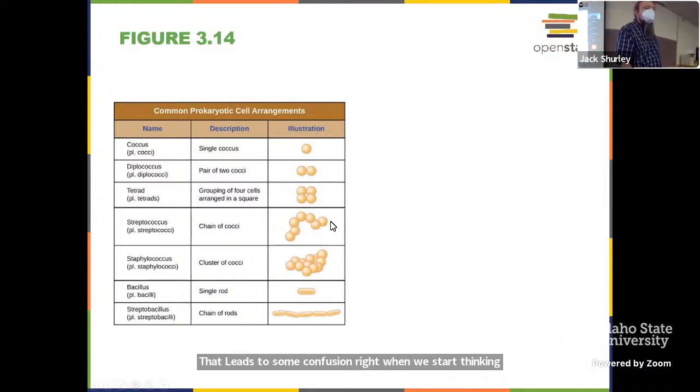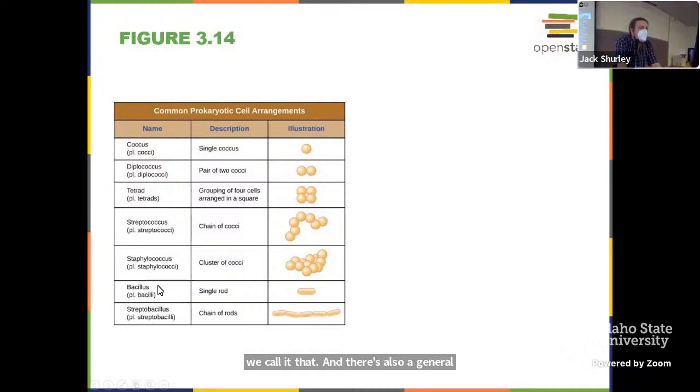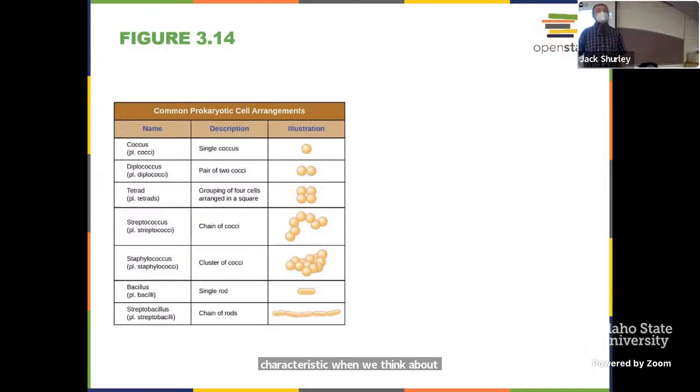And the same with these chains, we call it that, and there's also a genera that fit right within it, all right? The bacillus here, we can see them as single rods. There are also genera that are called bacillus, and they are shaped like this, right? Some of them, and really these up above with the cocci are definitely more characteristic when we think about seeing something under the stain and making some descriptions, right?